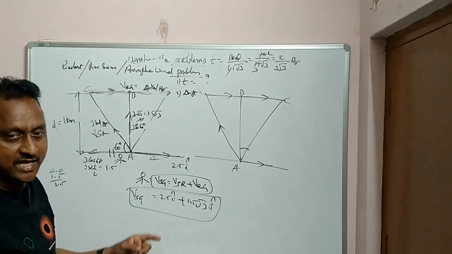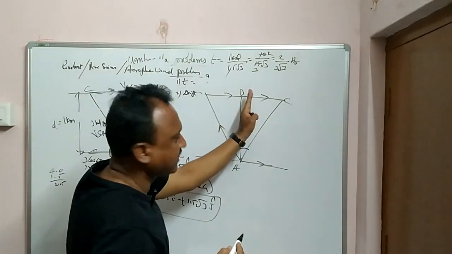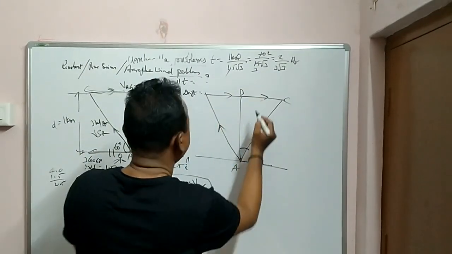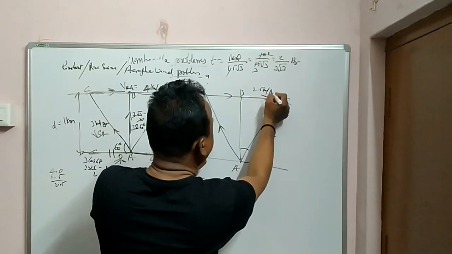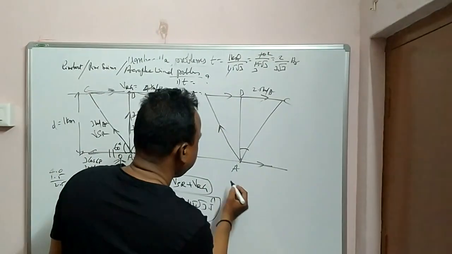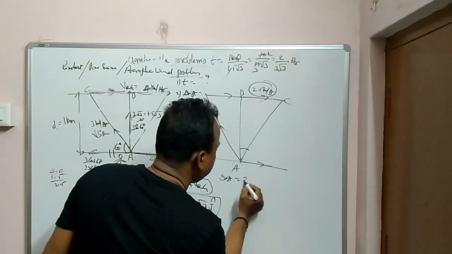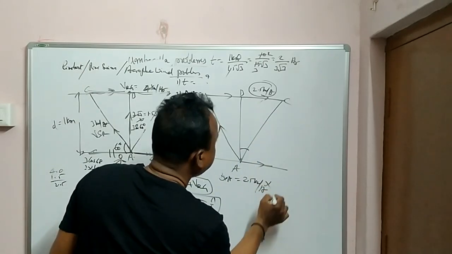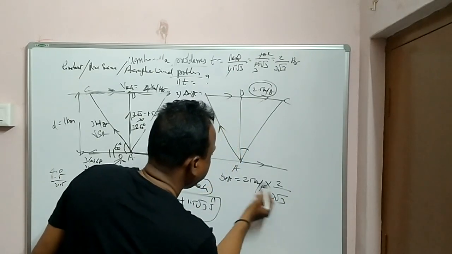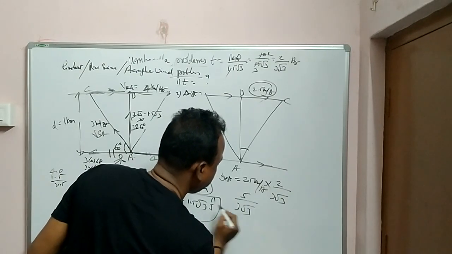Now how much drift is there? Because he is trying to go in this direction, water is drifting. So the net speed will be in this direction, 4 minus 1.5, that is 2.5 kilometers per hour. Now the final drift is the net speed, 2.5 kilometers per hour, into time, 2 by 3 root 3. 2.5 into 2 is 5, so 5 by 3 root 3.